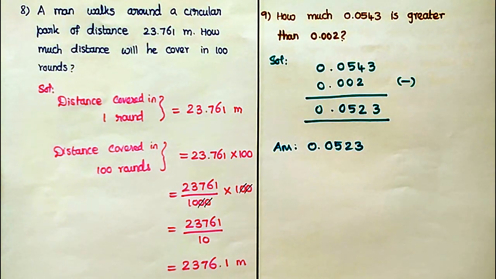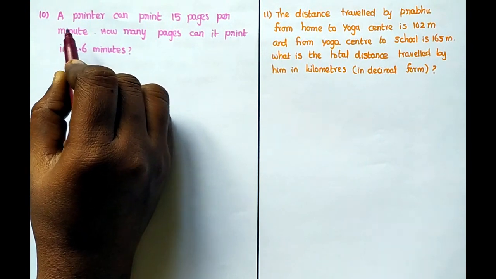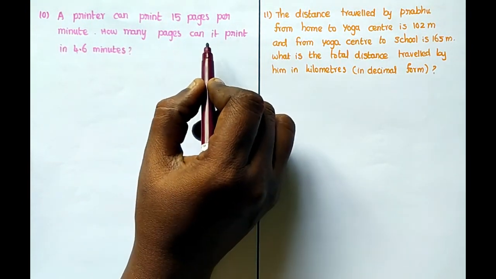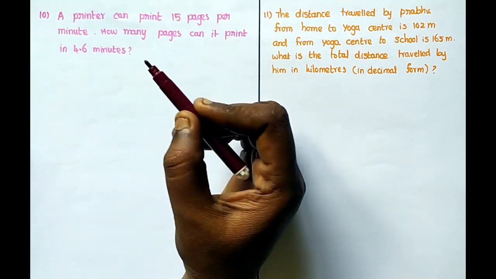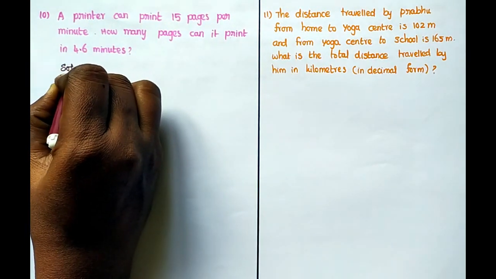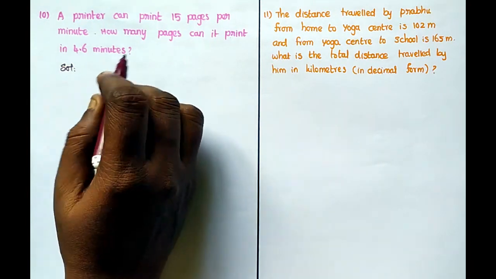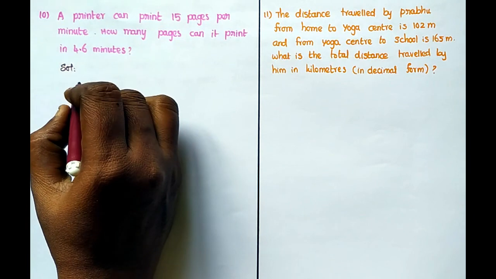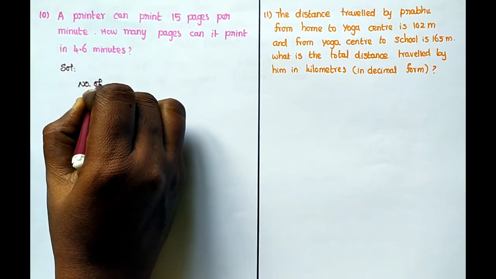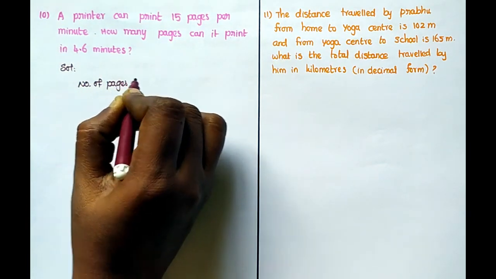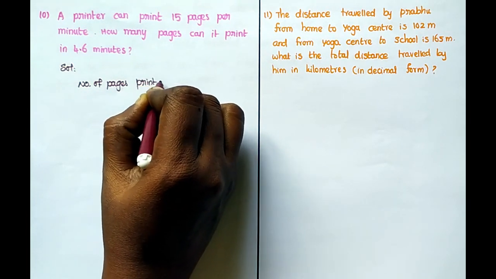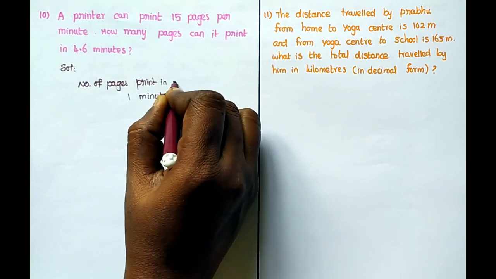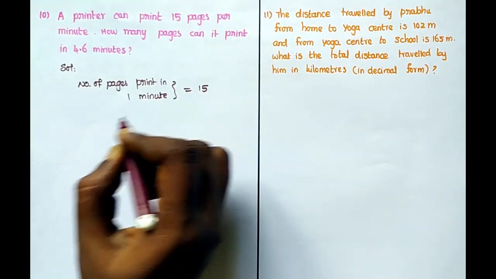That is the answer. 10th sum, a printer can print 15 pages per minute. How many pages can it print in 4.6 minutes? Listen. Number of pages printed in 1 minute is equal to 15.